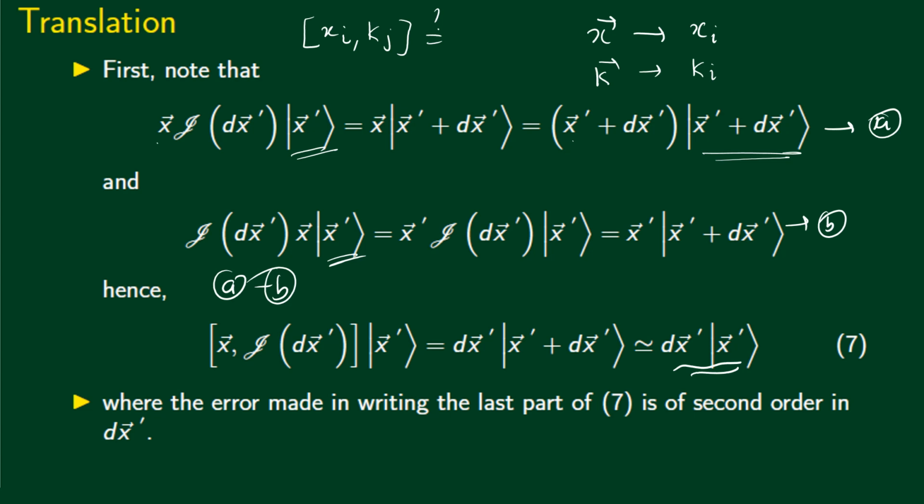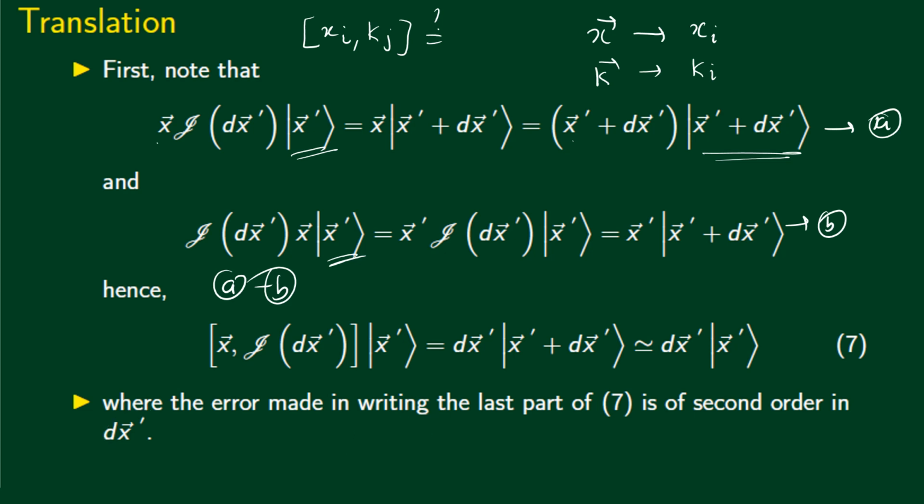Hope this is clear. The error made in writing the last part is of the second order in dx vector prime, so it's of the order dx vector prime squared.